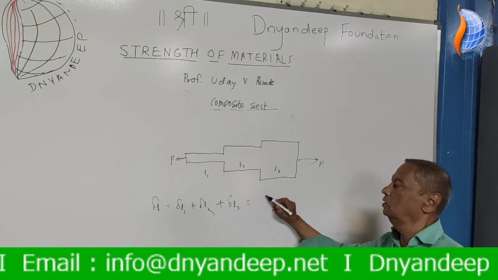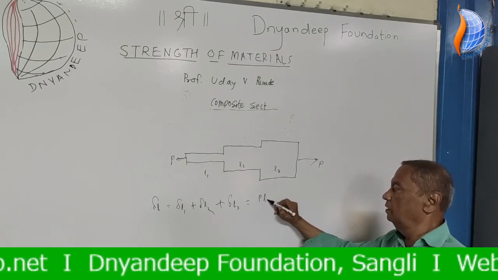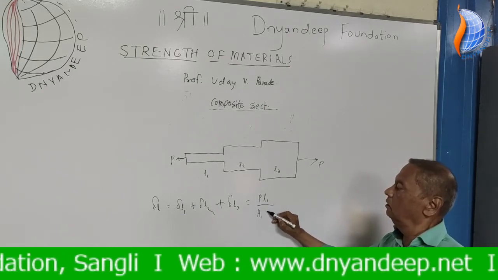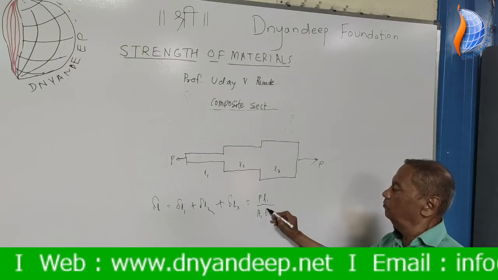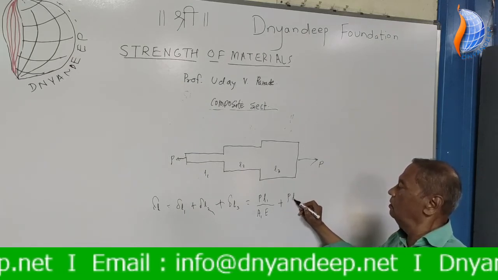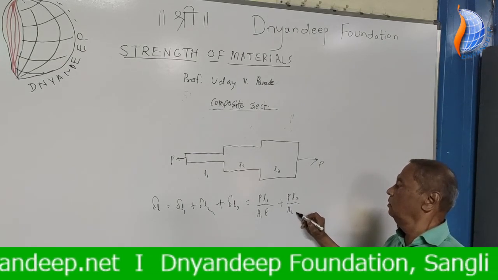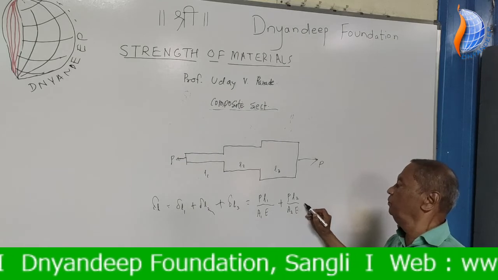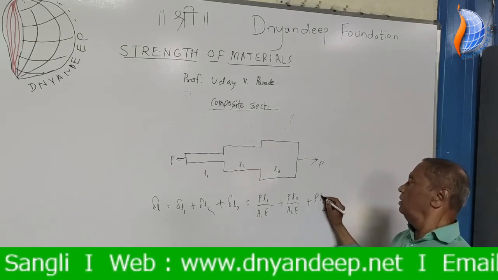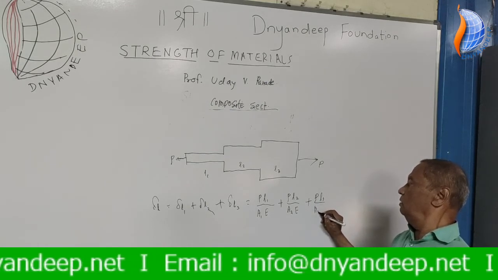It is equal to P into L1 upon A1 plus P into L2 upon A2 plus P into L3 upon A3.